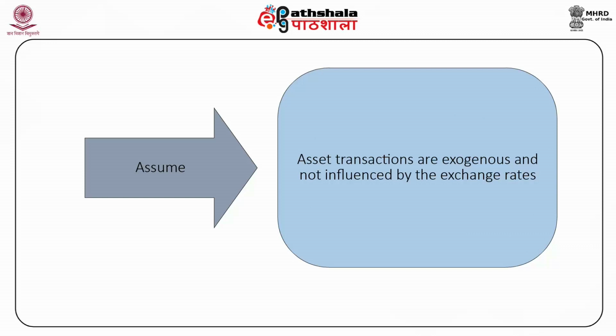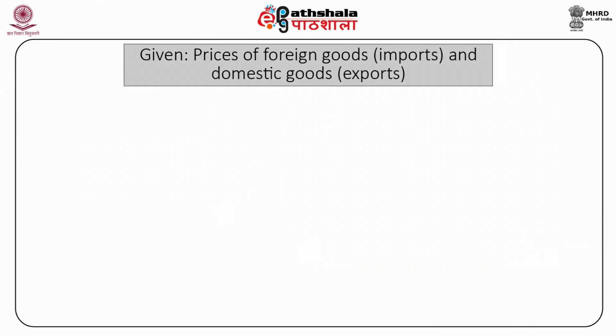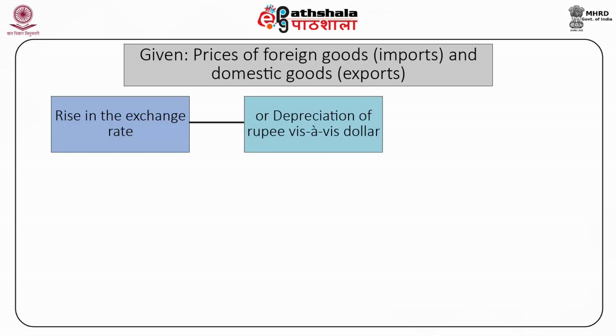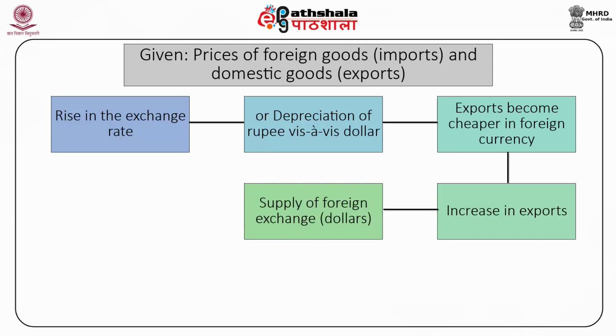In such cases, the slope of demand and supply curves may be understood as follows. Given the prices of foreign goods, imports, and domestic goods, exports, when there is a rise in the exchange rate or the depreciation of rupee vis-a-vis dollar, exports become cheaper in foreign currency. This leads to an increase in exports and hence an increase in export earnings or supply of foreign exchange.